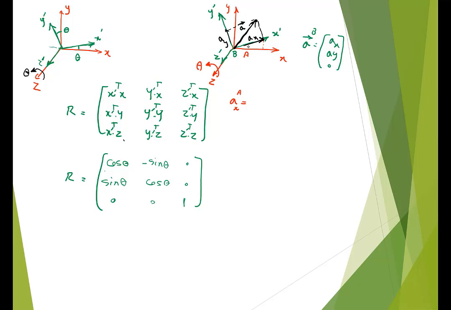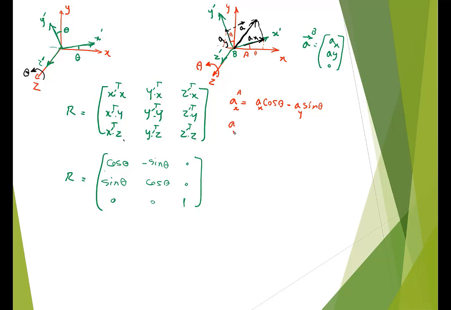It is AX times cosine of theta, and also minus AY times sine of theta.